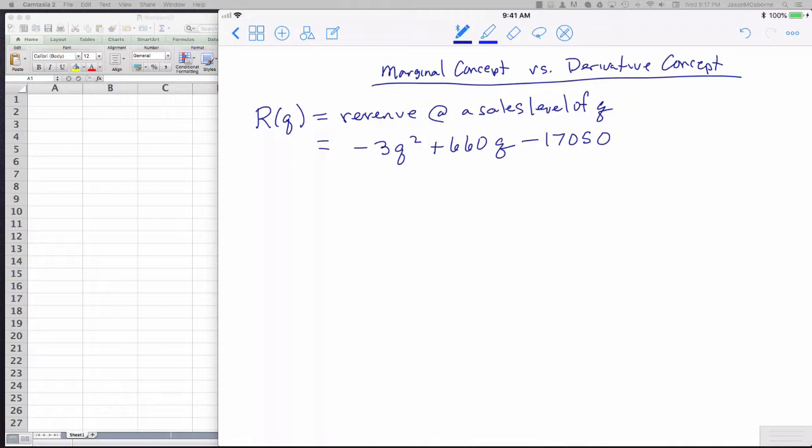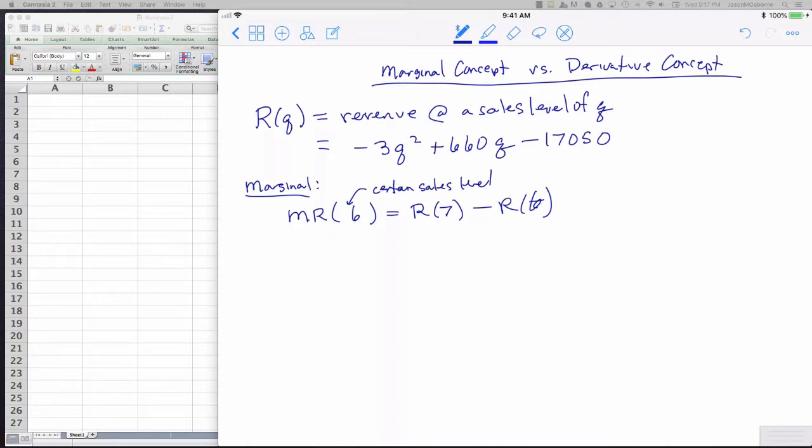Okay, so first let's deal with the marginal concept. Recall in previous videos that we have defined the marginal revenue at a certain sales level, and let's say that that sales level is, say, 6. Therefore, that would be the revenue for selling 7 items minus the revenue for selling 6 items.